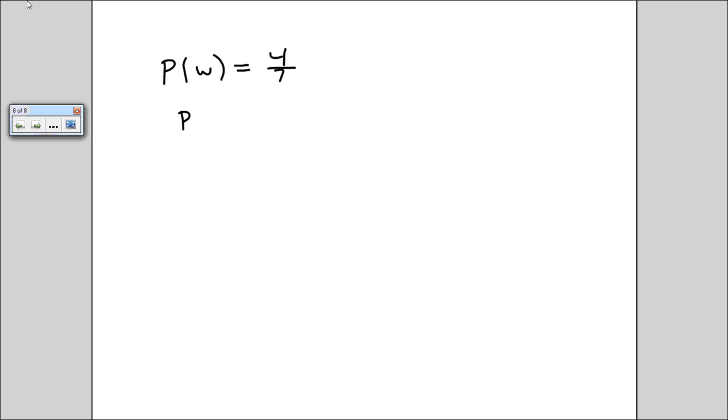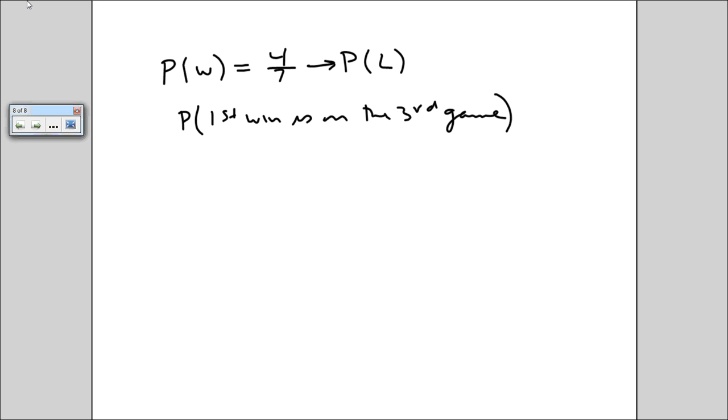What is the probability that the first win is on or after the third game? The first win of the season is the third game. They lose the first game, they lose the second game, then they win. Well, if they win 4 out of 7 times, the probability that they lose will be 3 over 7.